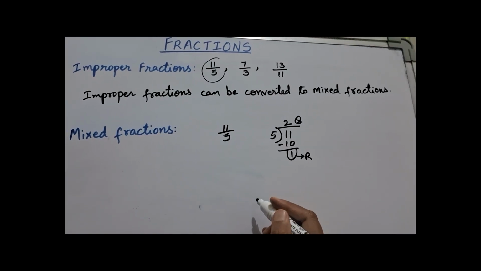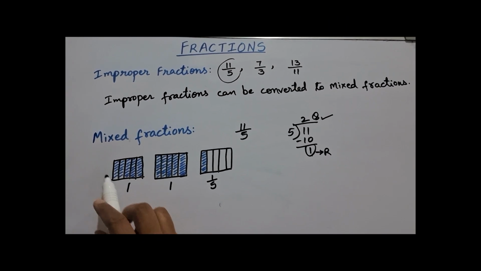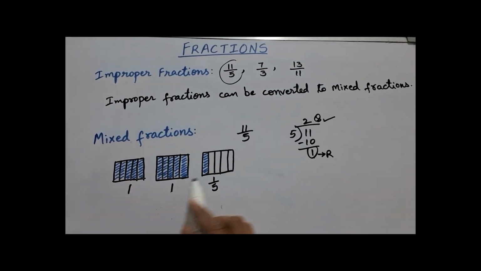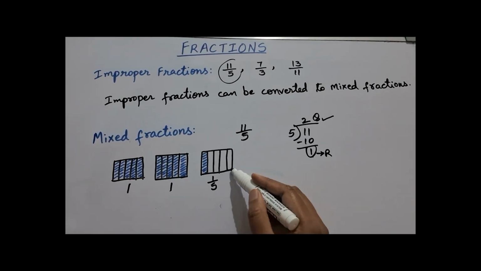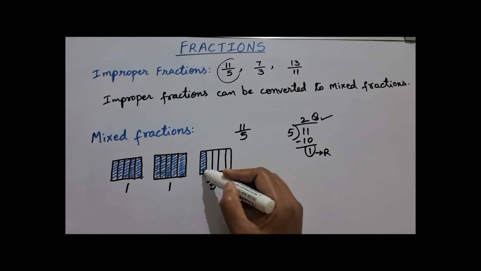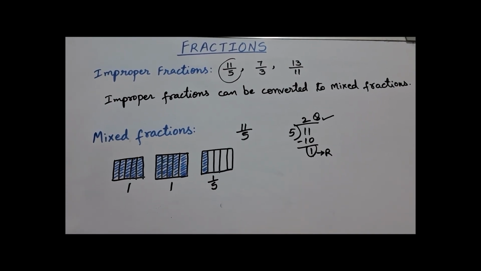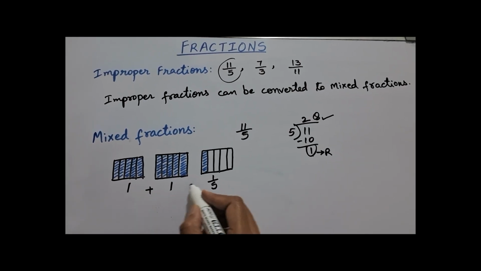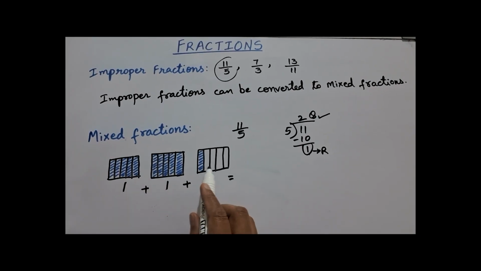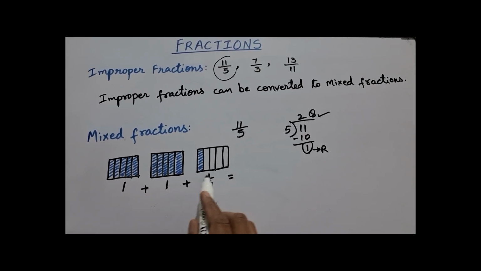Now how to write it? Here we can observe, children, here the whole part is shaded, and here also one whole part is shaded, and this whole part is divided into 5 equal parts and only one part of it is shaded. So this is written as 1 by 5. Okay children. So now if we have to write the shaded part fractions of these three, then 1 plus 1 plus 1 by 5.